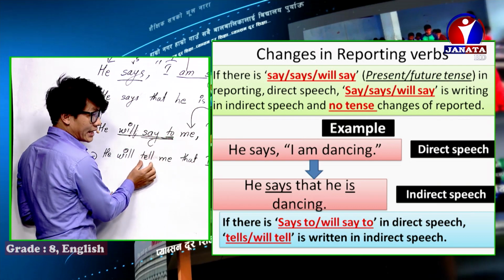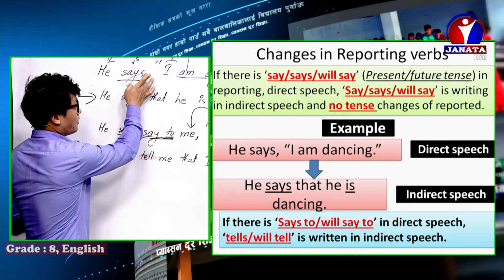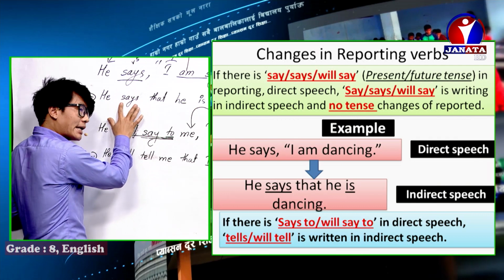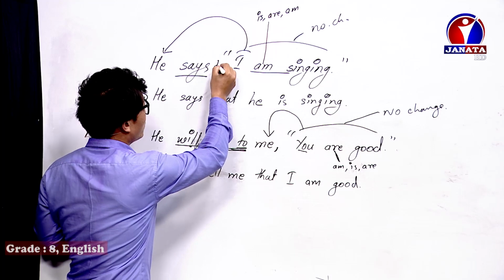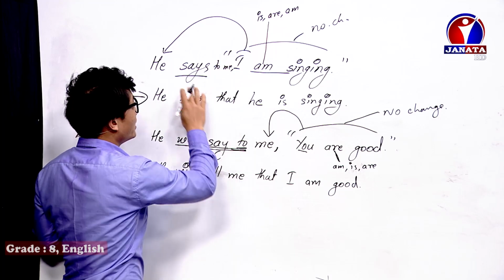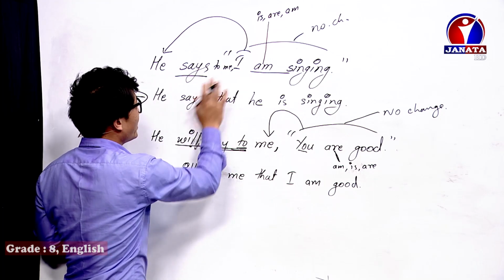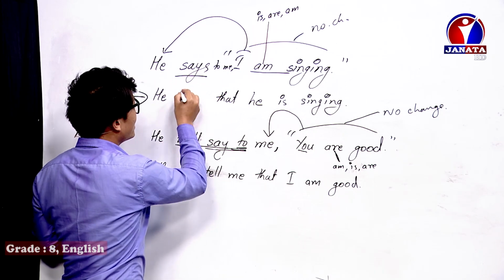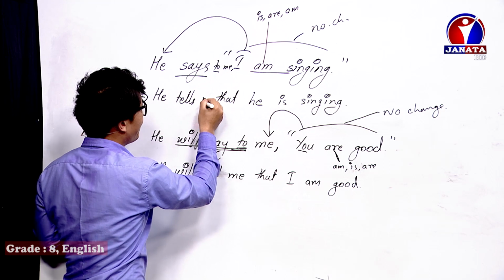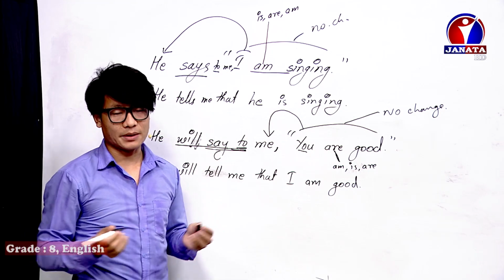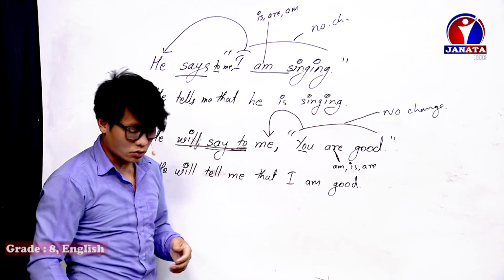That's why here is a tell. Here is no to preposition. That's why here is just says. But if I write here, he says to me, then here should be tells. Because here is a to preposition, he tells me should be here. He tells me. Okay?